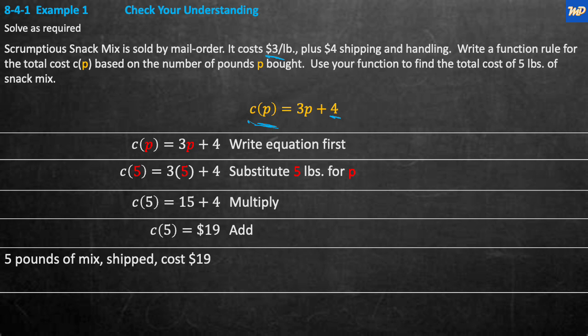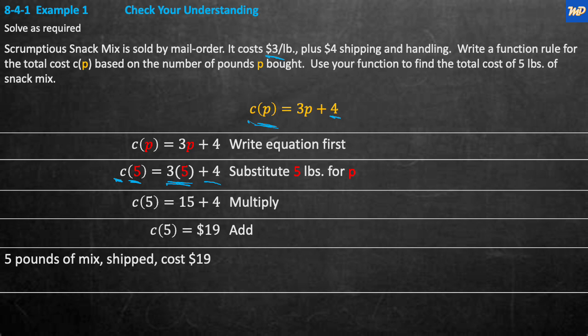Now we're going to substitute in our domain value, 5, into the function rule. So the cost of 5 pounds, C of 5, is equal to 3 times the number of pounds, which is 5, plus 4.